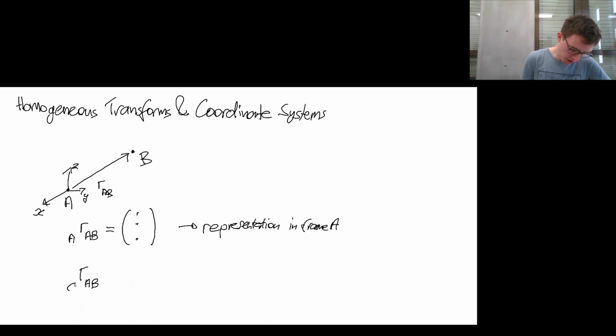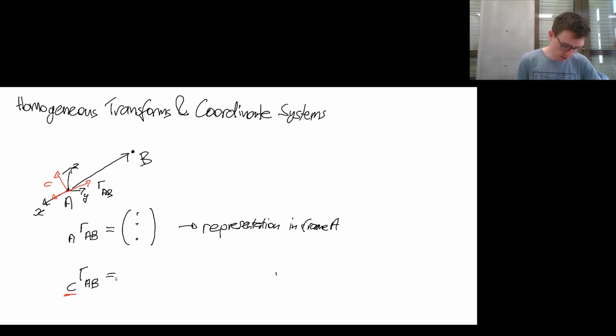Let's call it C. So that means we have a slightly shifted coordinate system, which, for example, is rotated a little bit around the x-axis, which we call coordinate system C. And now, so this is C, the representation will be a different set of tuples than the original one, despite it being the exactly same physical vector, still pointing from point A to point B.